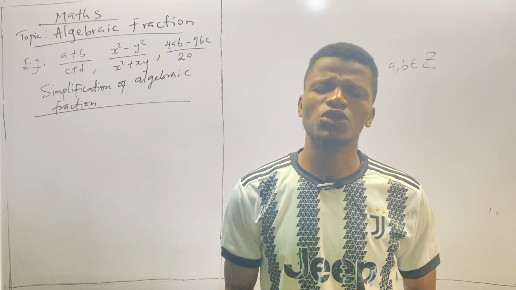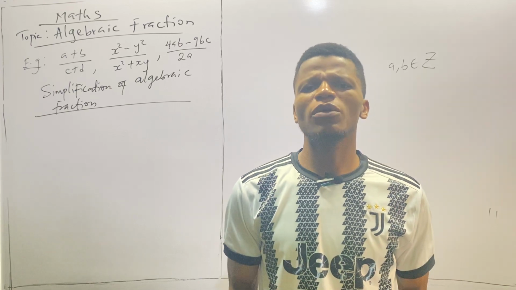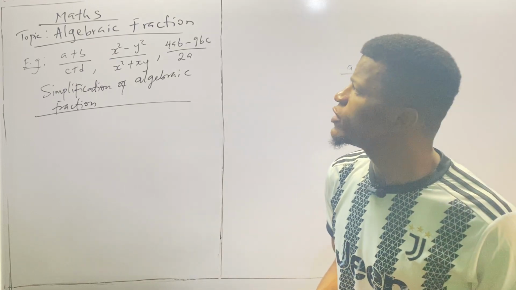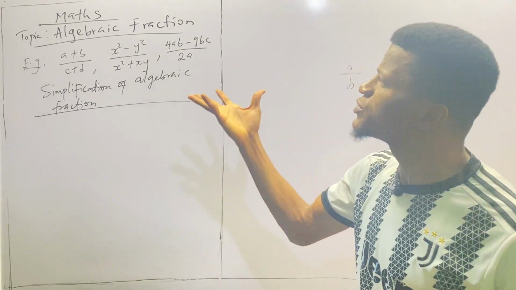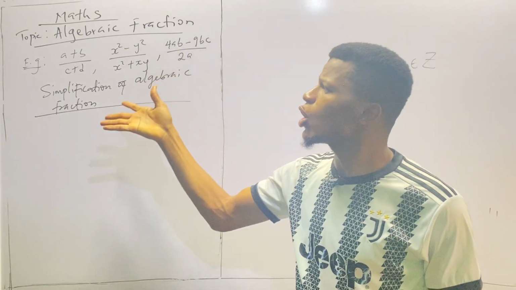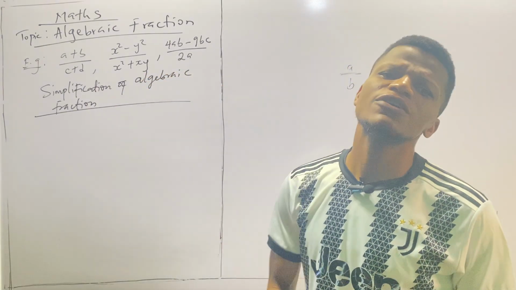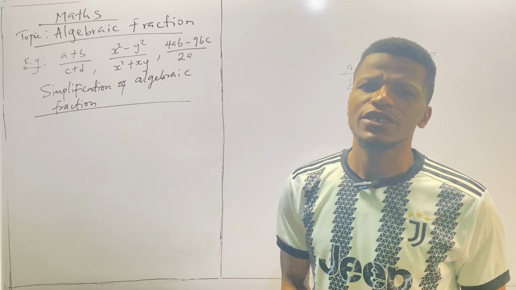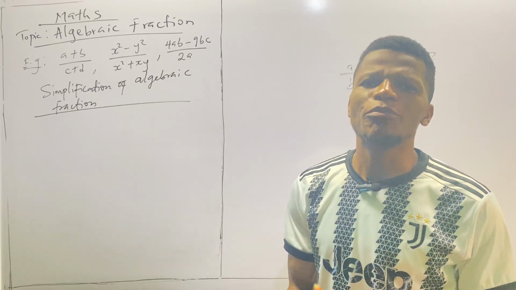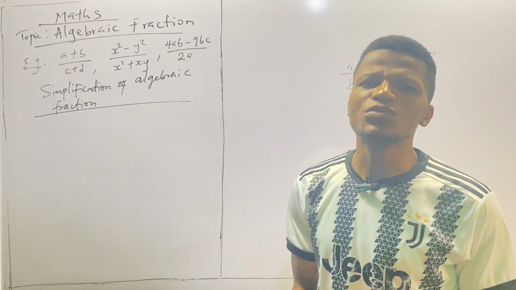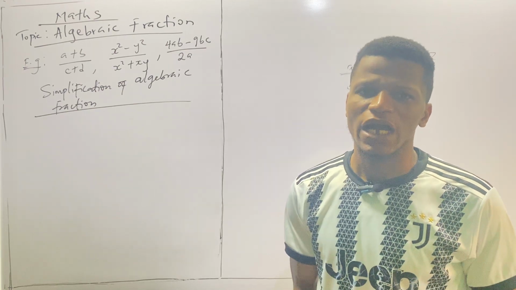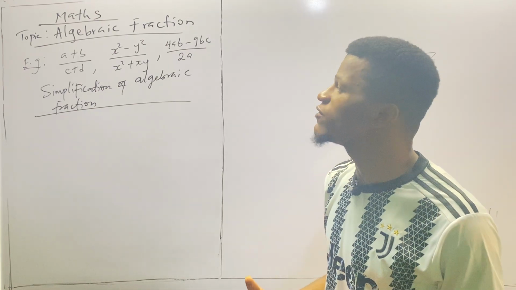There must be a problem somewhere. If there is no problem, there is no need for a solution. So the essence of solving problems under this concept is because some algebraic fractions are not in their normal state. They are in an ambiguous state. So they need to be evaluated in a way that they will come to their simple state. And that is the purpose of solving algebraic fractions.